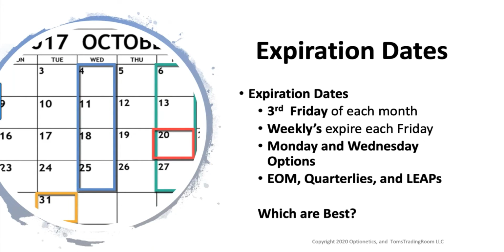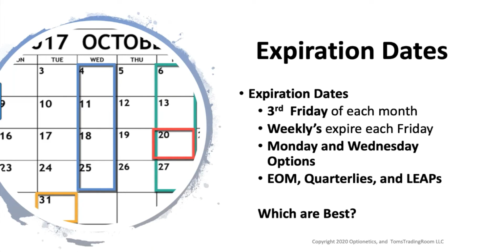Now, expiration dates are all over the place on the map. So, you could look at, for instance, to me, if I were to walk these down, as you see here, third Friday options, most liquid, absolutely most liquid. We're in the third Friday week this week, right? In fact, we're in a triple witching month because last month was triple witching, excuse me.